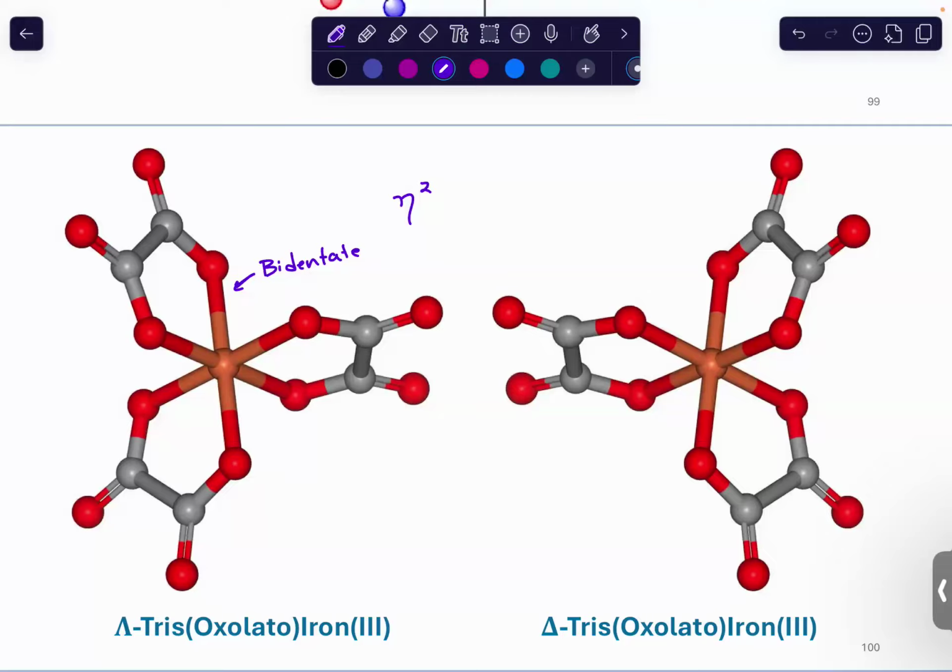How do you do that with this to decide if it's left-handed or right-handed? Oh, for this one, the molecule itself provides the helical twist just based on its shape. For this one, it's much easier. You say, well, that one's going to have to twist left-handed. This one's going to have to twist right-handed. Okay. So that makes your lambda and delta configurations.